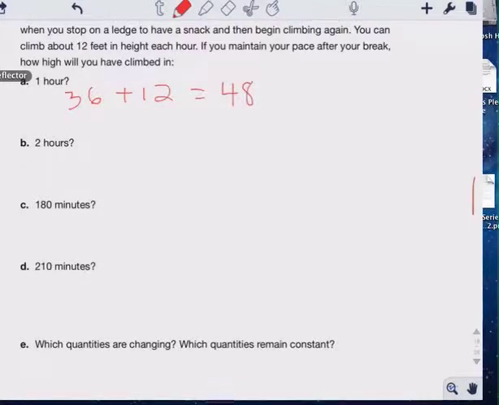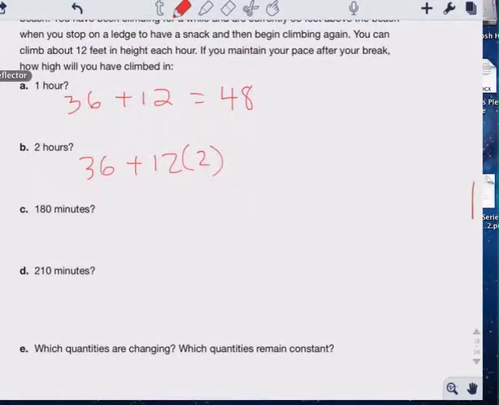Because 1 hour is 12. 36 plus 12 times 2, right? You multiplied this to get 24, and then you added it to 36 and you get 60.